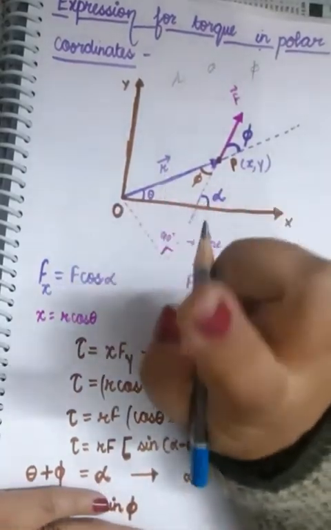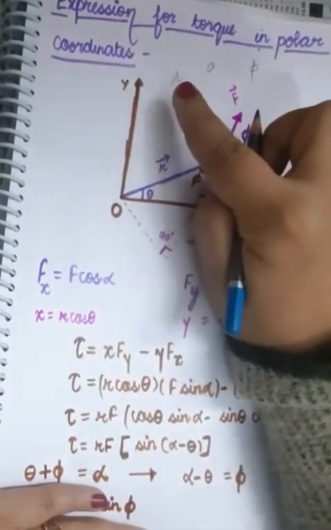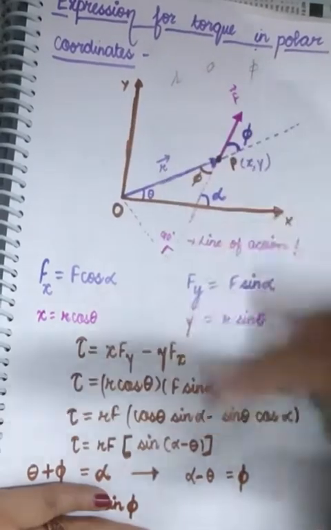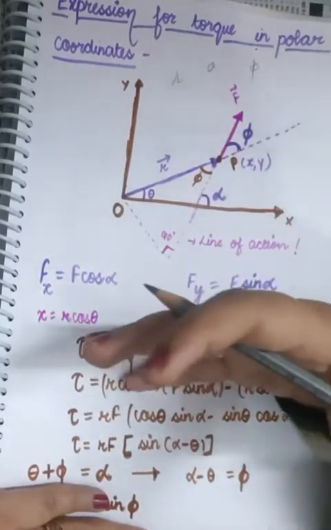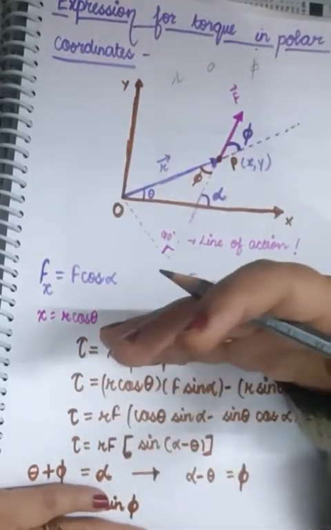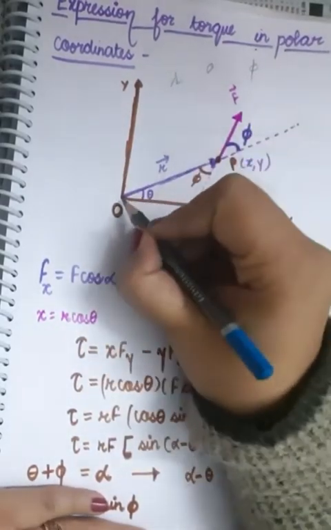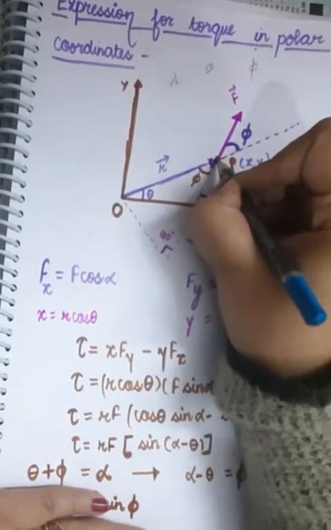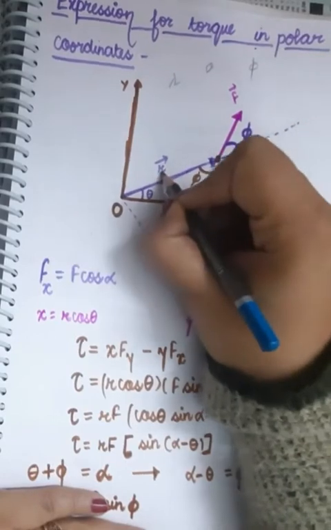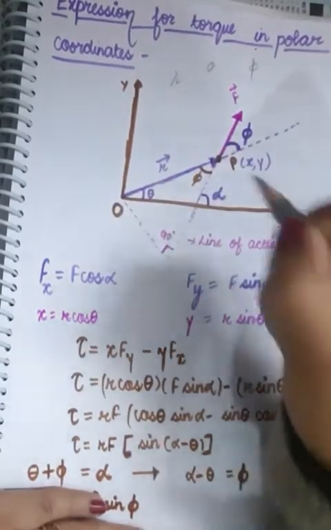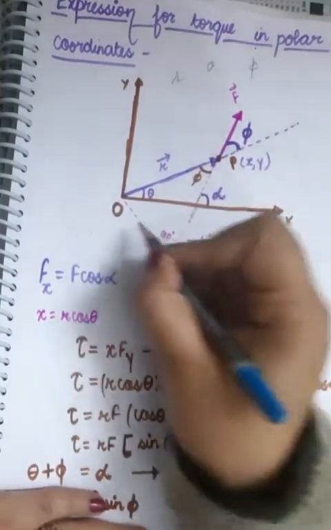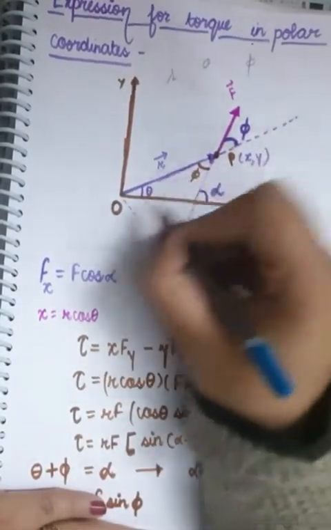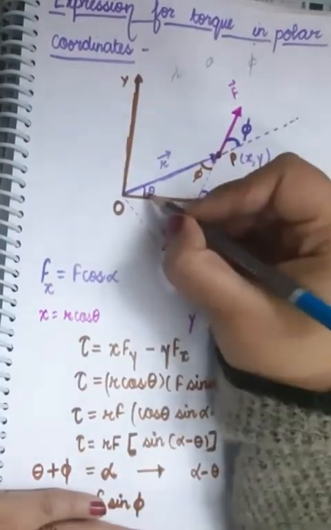Now, what are polar coordinates? They are r, theta, phi. Let's have a look at what these r, theta, phi mean in terms of torque. The distance from the origin to this point P where the force has been applied is the r vector, and the angle which this r vector makes with the x-axis is theta.